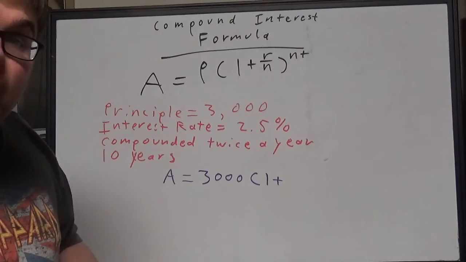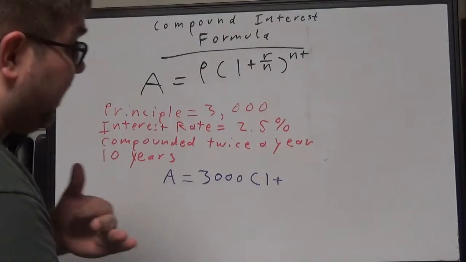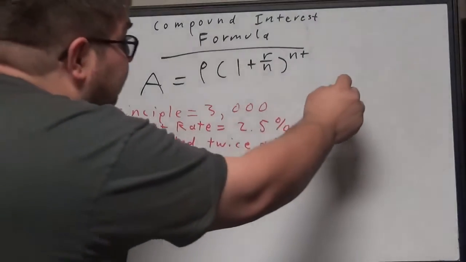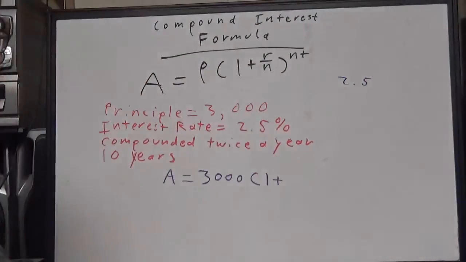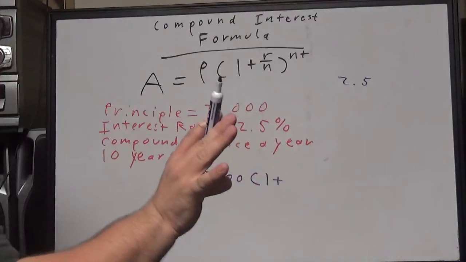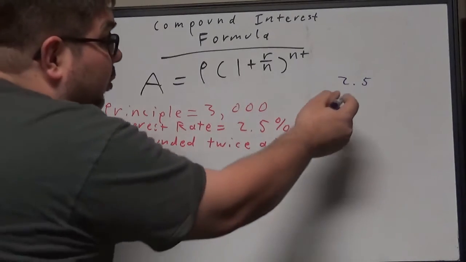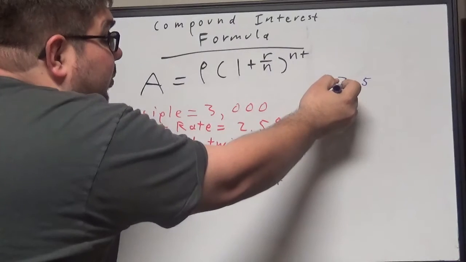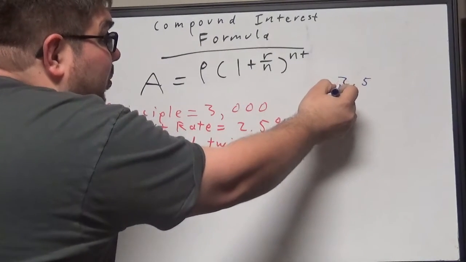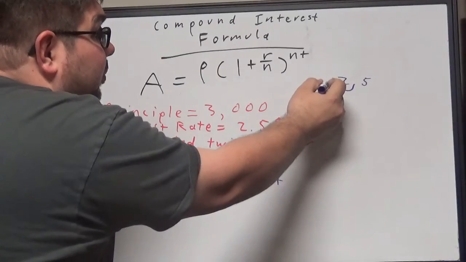How do I turn that into a decimal? Well, this is how you do it. This is our percent. Remember that percentages are based out of 100. 100 has 2 zeros. Therefore, when we turn it to a decimal, we move the decimal 2 places to the left.